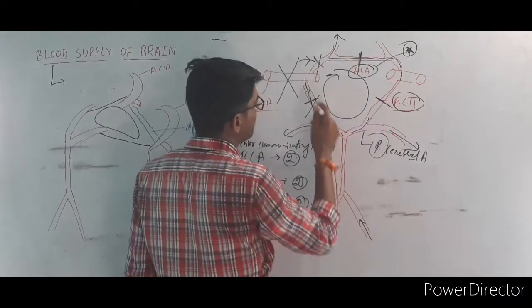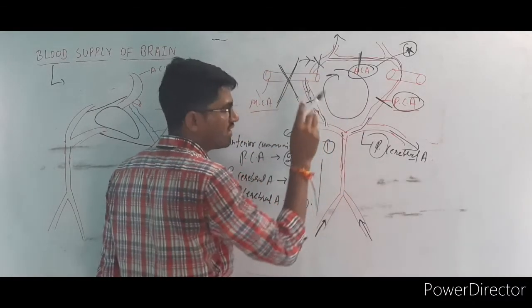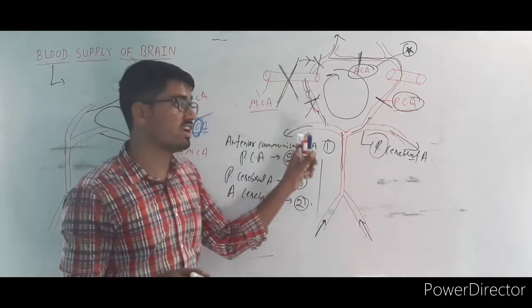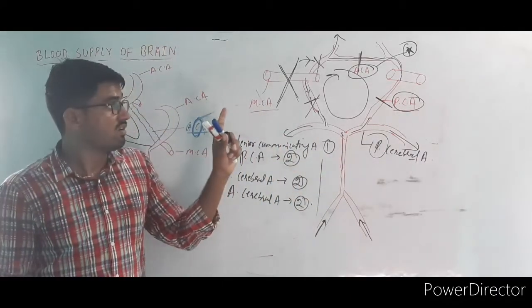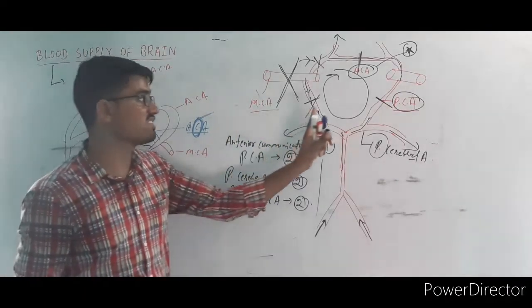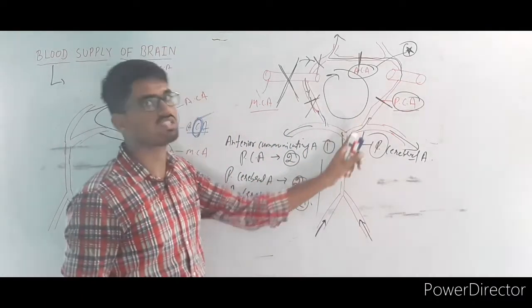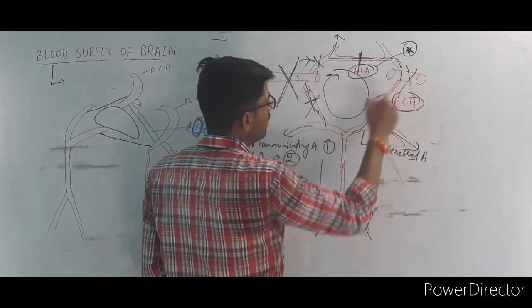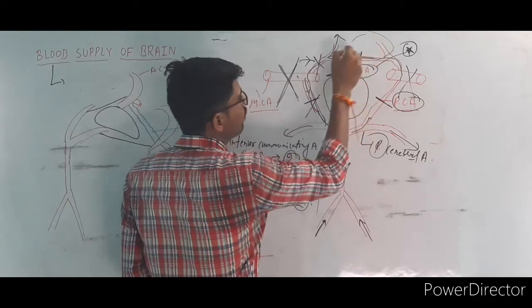So this is the importance. This is a wonderful example of collateral circulation. If it's getting blocked, no problem. Blood will go from here and go like this.